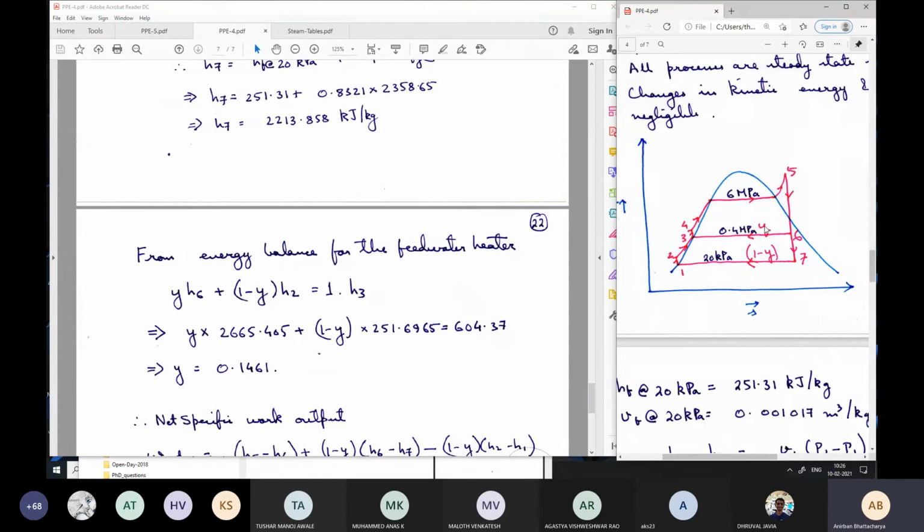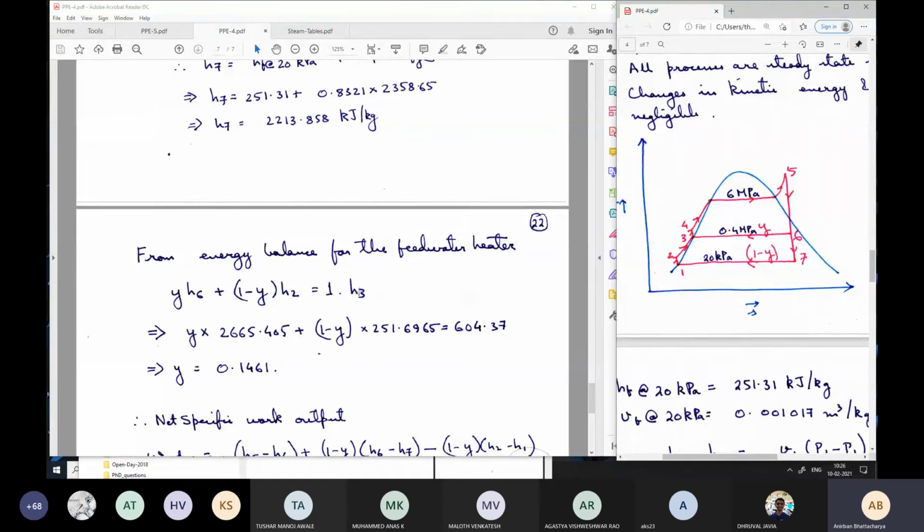Okay. So these two are the heat addition to the feed water heater, and what is the energy that is going away from the feed water heater? That is equal to the total mass flow rate, which is y plus 1 minus y, which is equal to 1, and the energy per unit mass is H3, so 1 into H3. So energy balance gives us y into H6 plus 1 minus y into H2 is equal to H3.